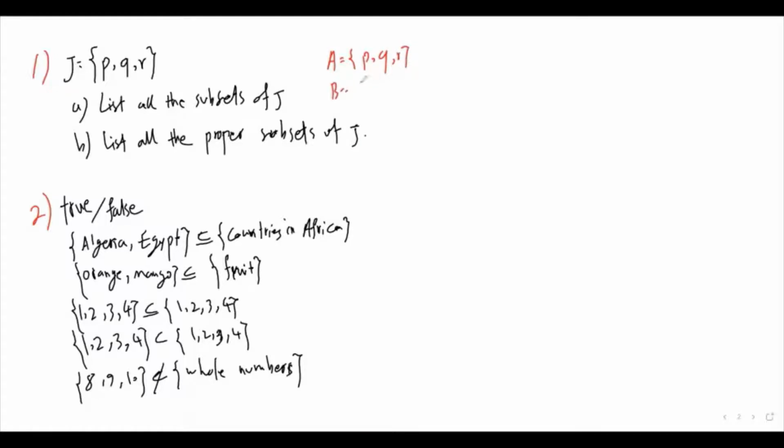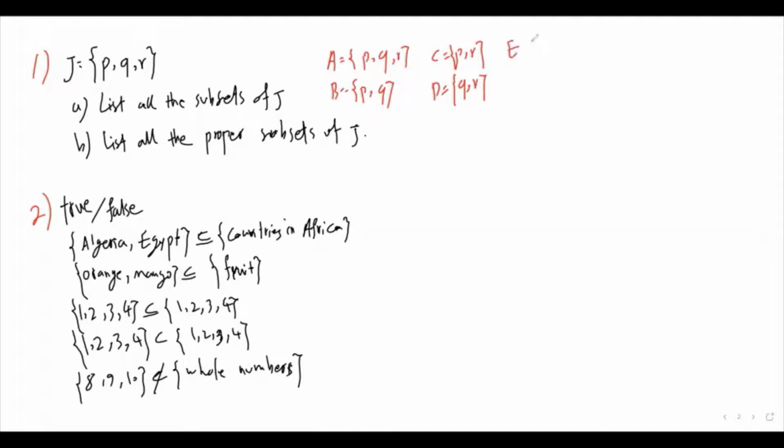So that has 3 members. Then we go to the 2 member sets, which is P, Q, and then P and R, and then Q and R.